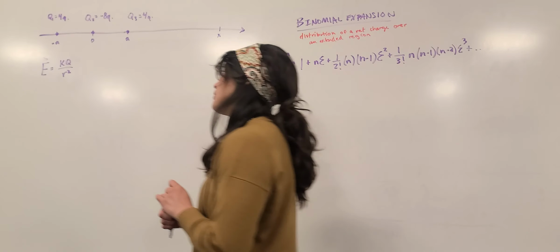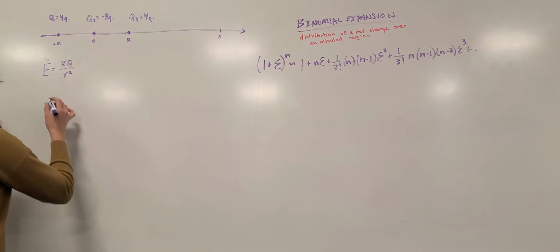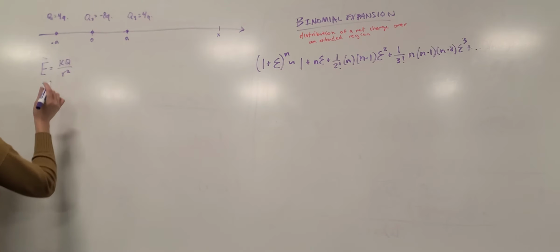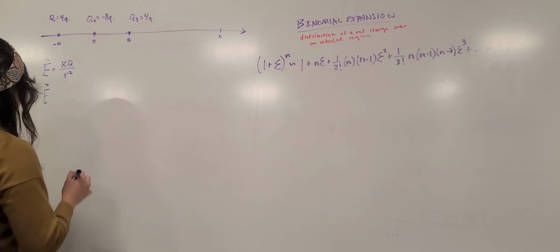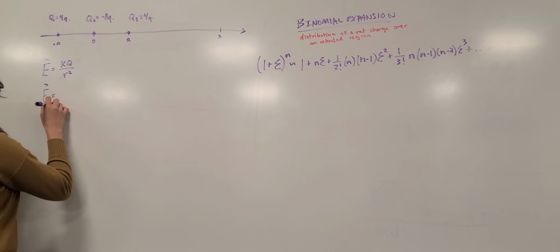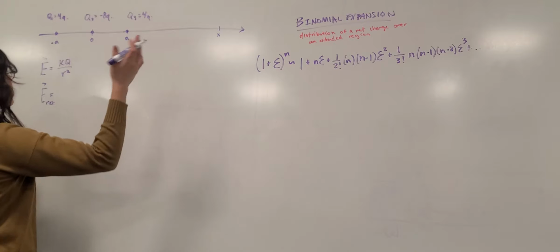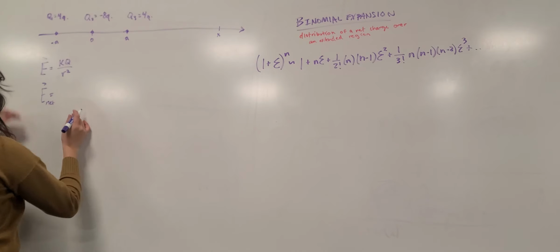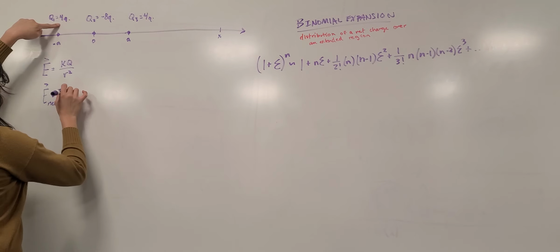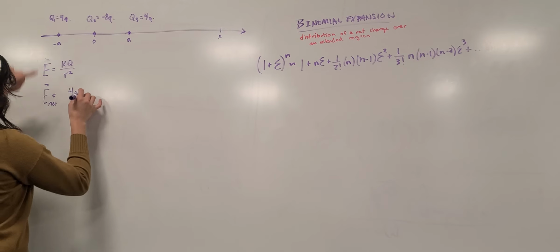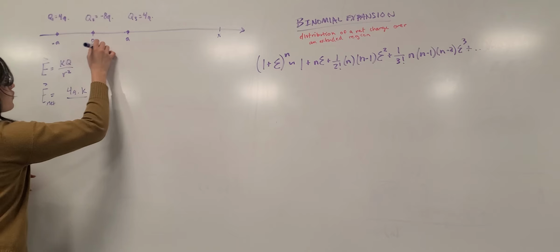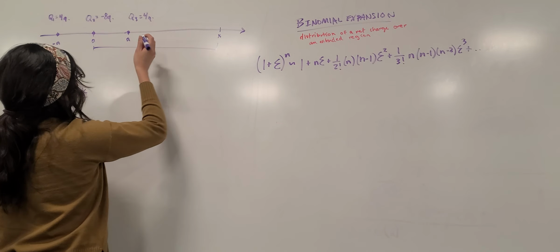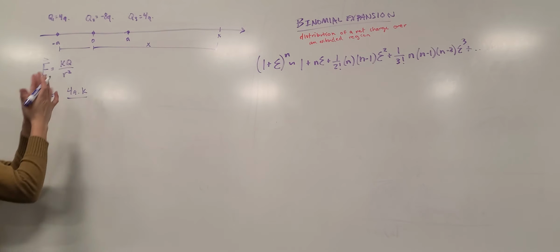So using this electric field equation, which is Coulomb's constant times the charge over the distance squared, I'm going to find the net by adding all three together from that distance x. Our first charge is 4 q naught times k, which I'm just going to leave as k for this example. Its distance from x is the distance x itself plus an extra distance.